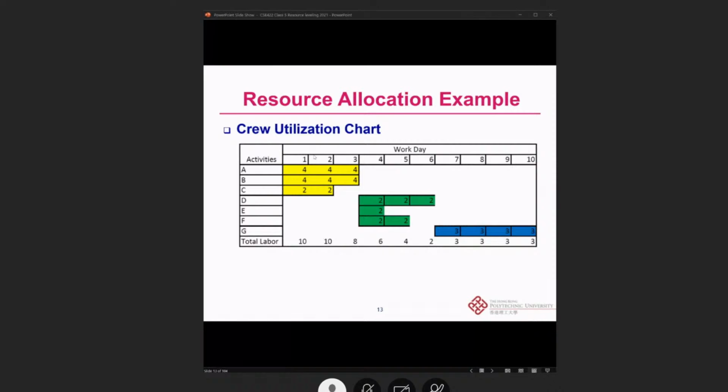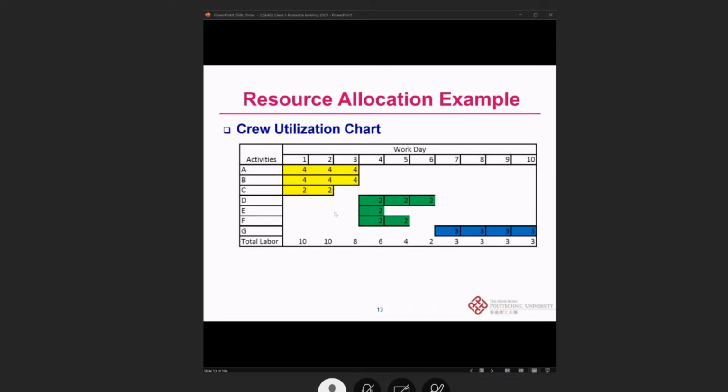We can know that from the first day, second day, and third day, we need 4 crews for activity A. So we put 4 for the first 3 days for activity A, and also crew size 4 for activity B, and crew size 2 for activity C for the first and second days. So we can summarize that on the first and second days, the total labor needed for activities A, B, and C is 10 labors.